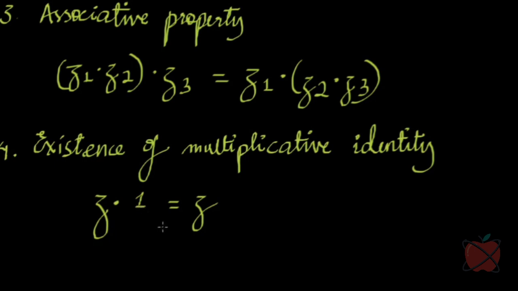Obviously, it is 1. 1 is also a complex number because it can be written as 1 plus i times 0. And if I solve this, I'll get 1. So you see, any real number is also a complex number. It's just that a real number has the imaginary part to be 0. So here 1 is called the multiplicative identity.